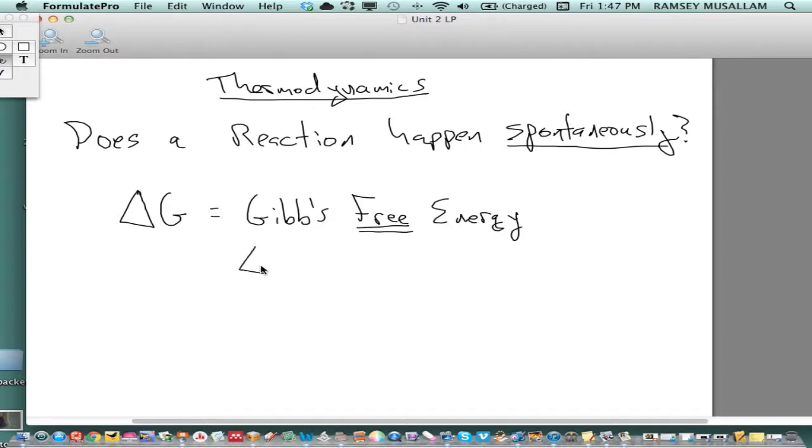And delta G has two signs. Delta G can be greater than 0, and delta G can be less than 0. If delta G is greater than 0, a reaction is non-spontaneous. The burning of your skin by oxygen in the air is non-spontaneous.